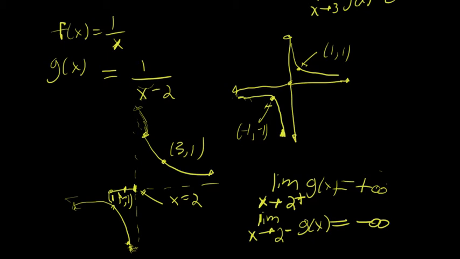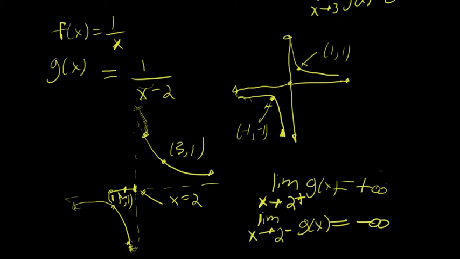And coming in from the left, if you pick a value, say negative 20 billion, you can find a value of g of x when x is really close to 2 but slightly less than it, say 1.999999999, infinite number of 9s, that's more negative than negative 20 billion.